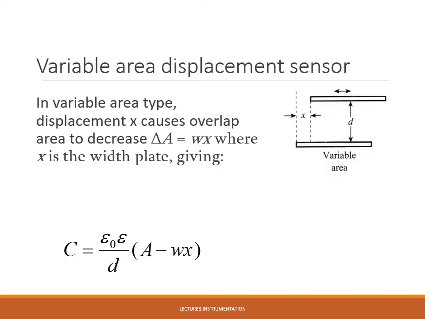This is the second method in designing a capacitive transducer, by changing the shared area. For this diagram here, we have a fixed plate. Then the moving plate will move to the side. If the displacement is x here, then the shared area will also reduce by width multiplied with x. W is the width of the plate.